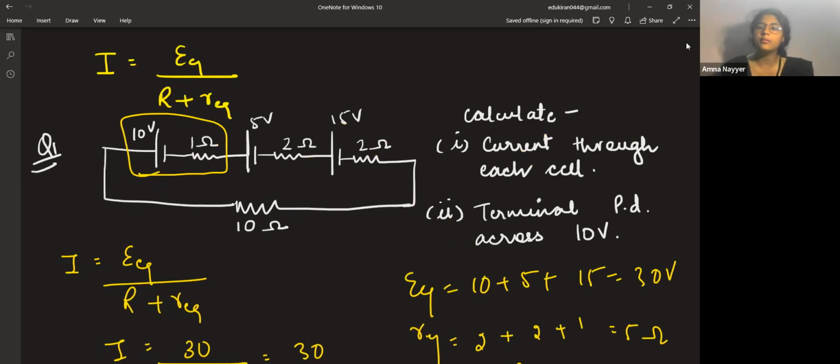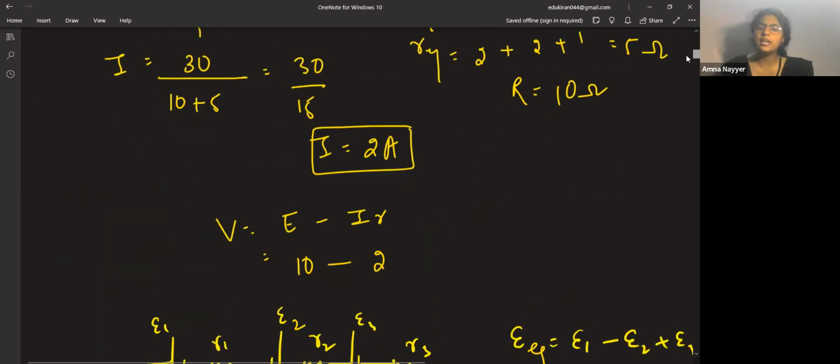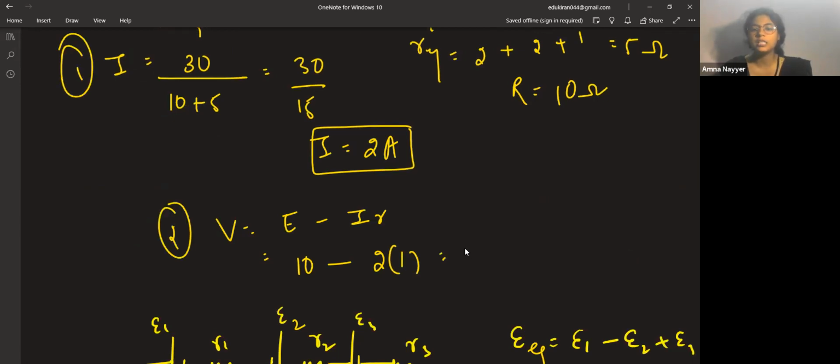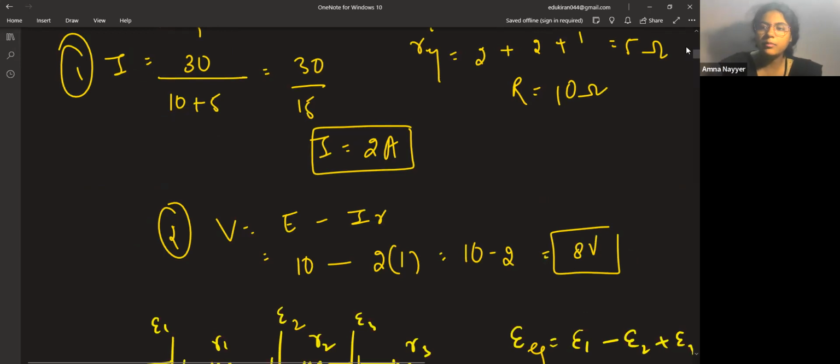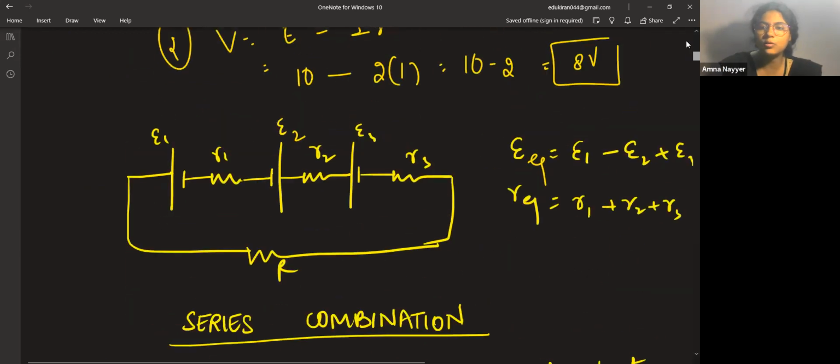So we'll multiply it. Whichever is asked, just take the individual one. This is the answer for the first one, and this is the answer for the second one: 2 into 1 is 2, 10 minus 2, that is 8 volts. Note this down. Then we'll start with the series combination first.